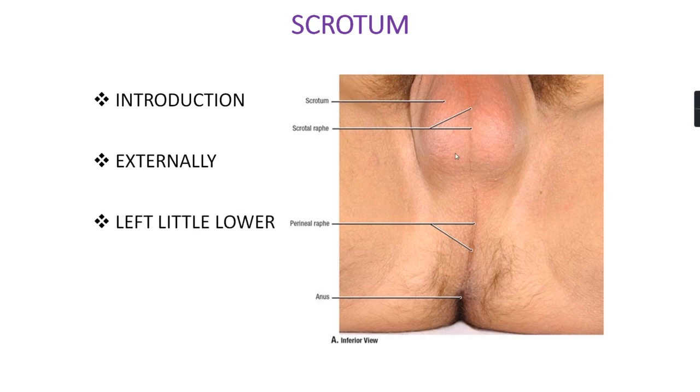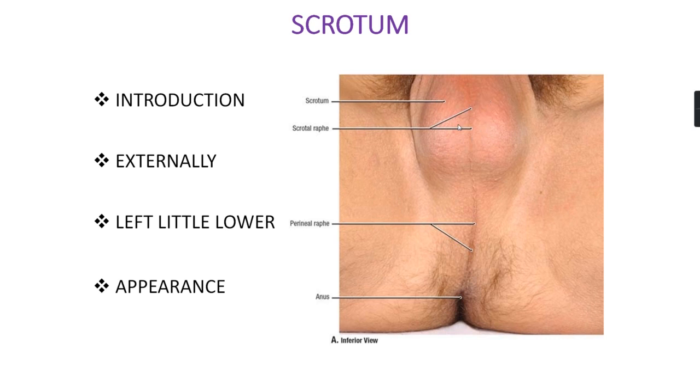The left half of the scrotum is somewhat lower than the right because of the greater length of the left spermatic cord. Now, the appearance of the scrotum. Under the influence of cold and in young individuals, the scrotum is short, corrugated and closely applied to the testes.